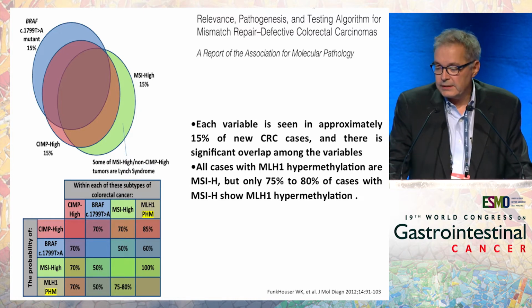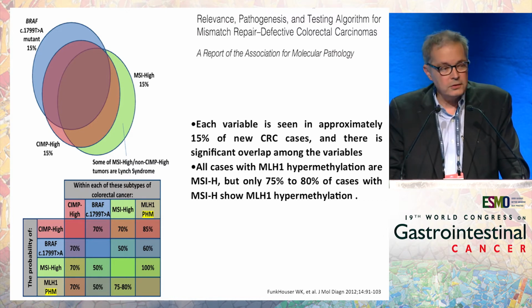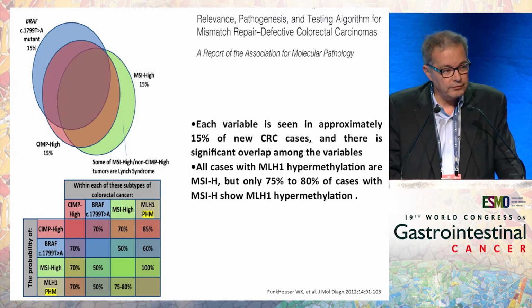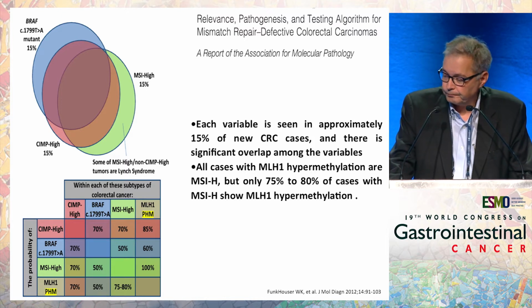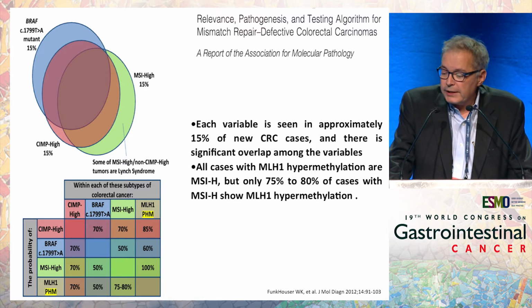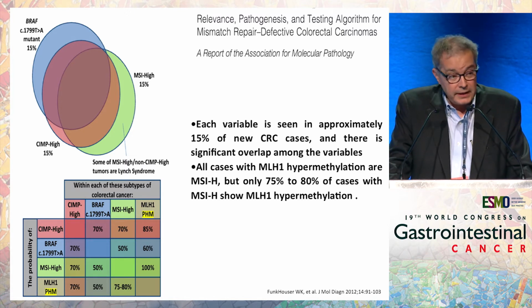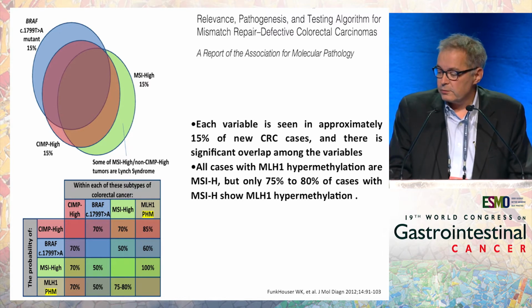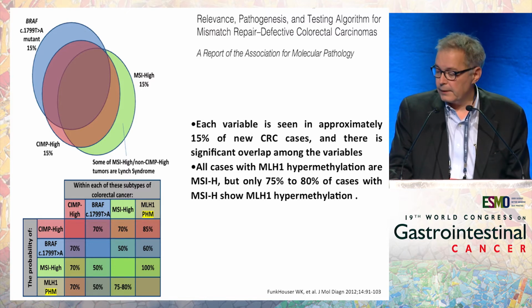As you can see, most of the tumors have the three phenotypes together, MLH1 hypermethylation associated with a BRAF mutation associated with an MSI phenotype. All cases with a hypermethylation of MLH1 are MSI high, but only 75 to 80% of the cases with MSI high show an MLH1 hypermethylation.